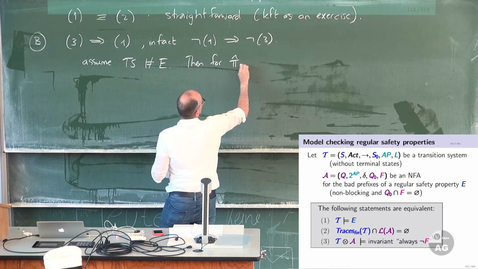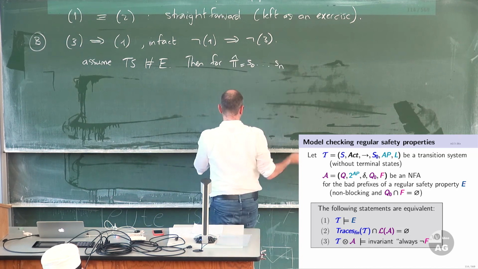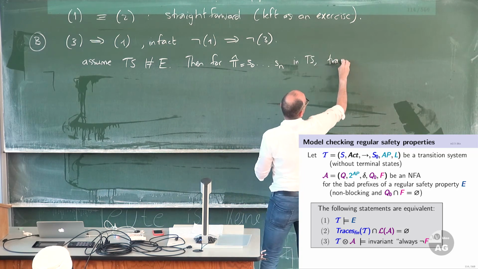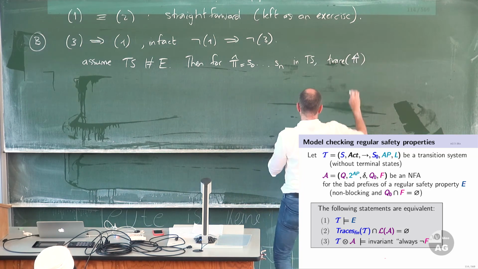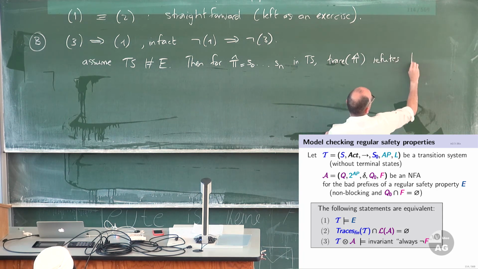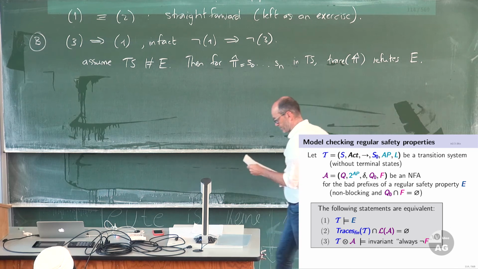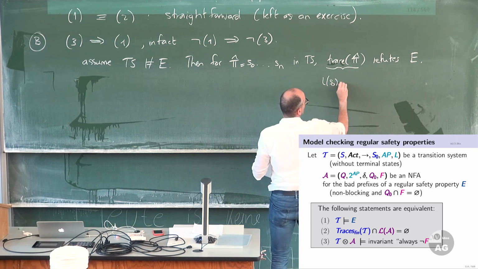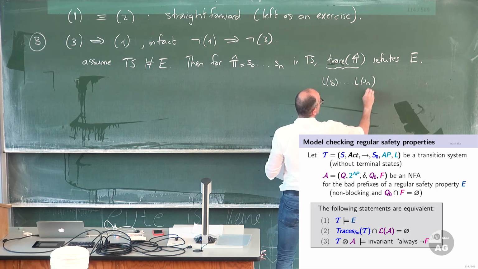Good. Then for pi hat being S0 to Sn in TS, the trace of this pi hat refutes E. This trace is L(S0) up to L(Sn).